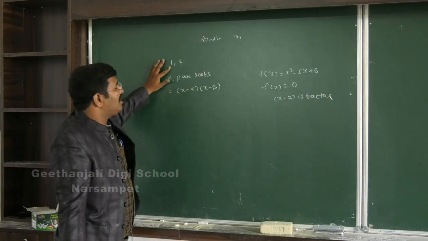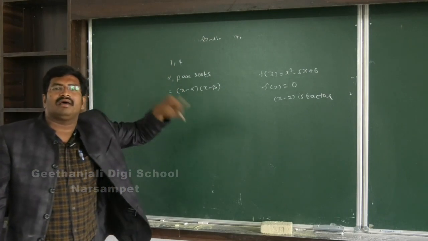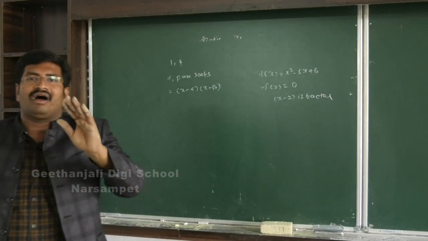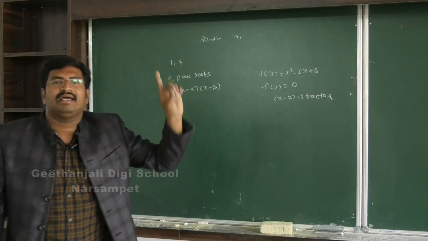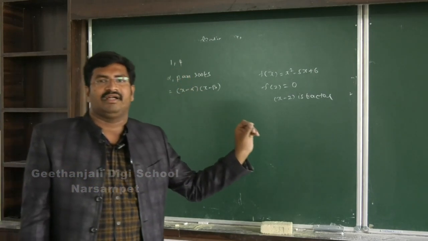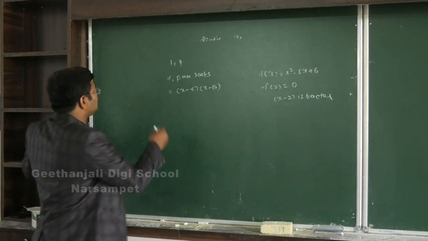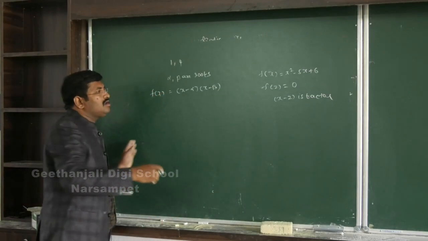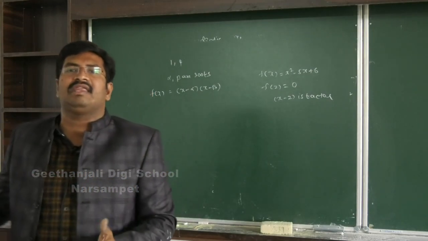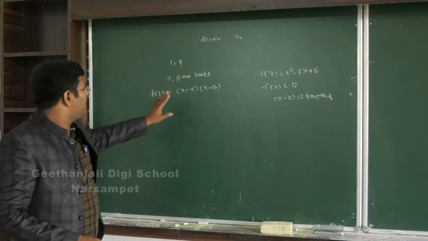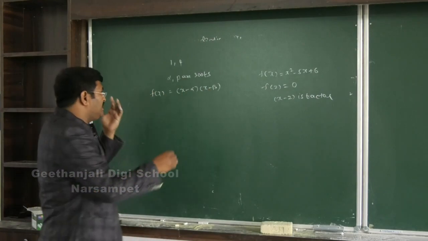In the same way, alpha comma beta are the roots of the quadratic equation. Since alpha is a root, x minus alpha is a factor. Since beta is a root, x minus beta is a factor. Then the total expression you can write: f of x is equal to the product of the two linear factors, which gives the quadratic equation. Then x minus alpha into x minus beta.